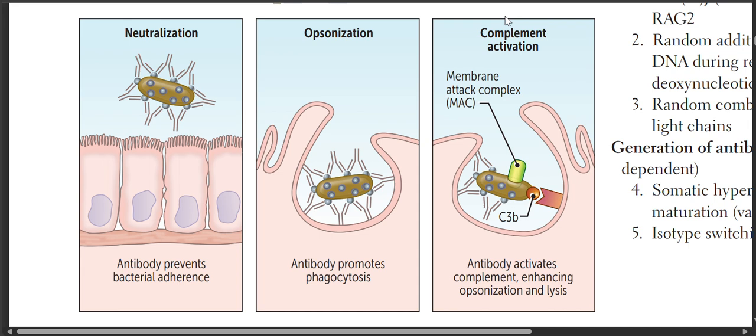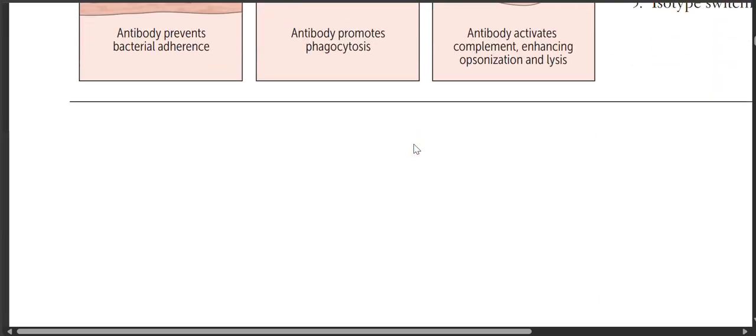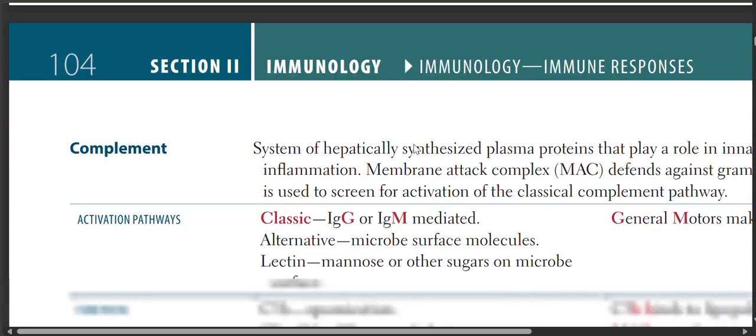And then finally, the complement has a lot of functions. It can do opsonization. It can do cytokine production. It can directly kill the cell. It can cause chemotaxis so that it recruits more cells. We will learn about all of these in complement.